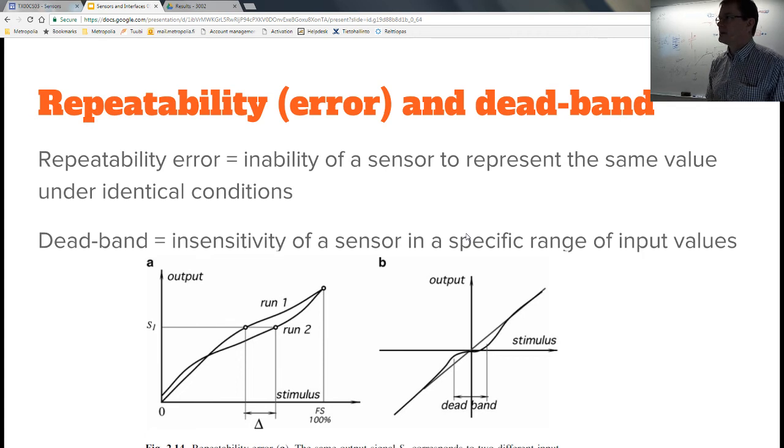Repeatability, deadband. Okay. The repeatability is part of the hysteresis kind of thing. So when you go measuring the same characteristics on different routes, you will get a different value.